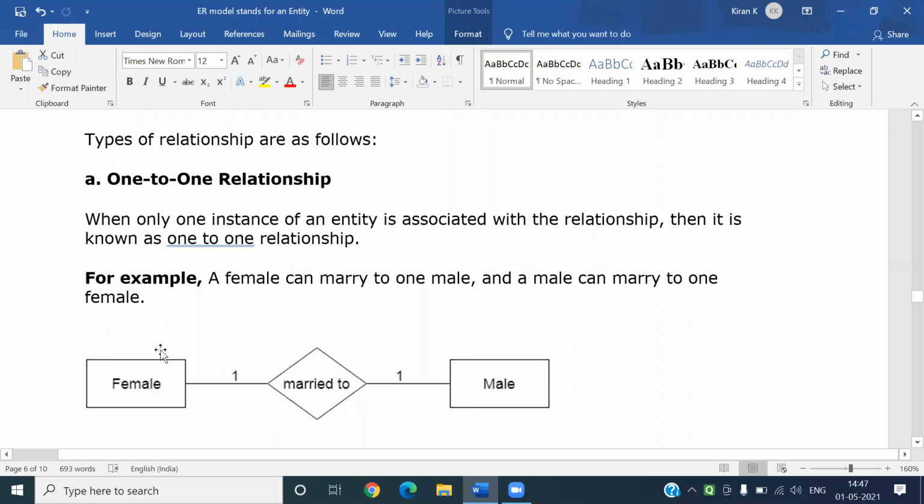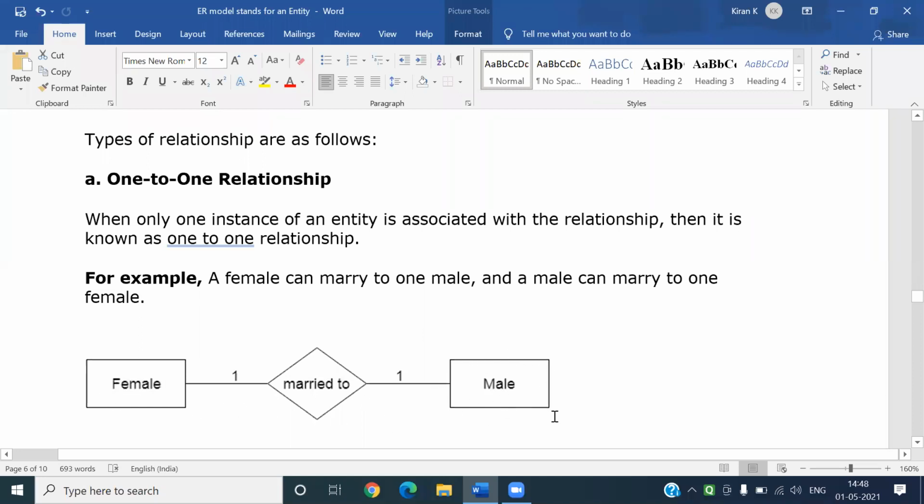An entity means a set of all females: Padma, Jyoti, all come under female. Male: Kiran, Kumar, Narendra, Vasu, all come under male.